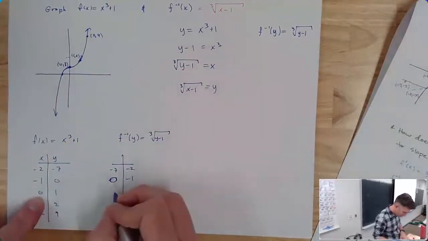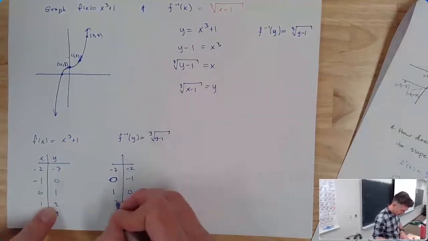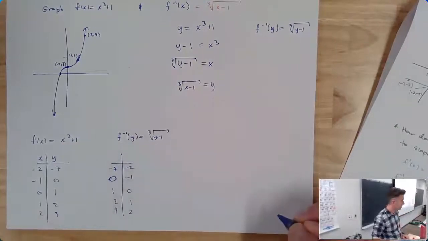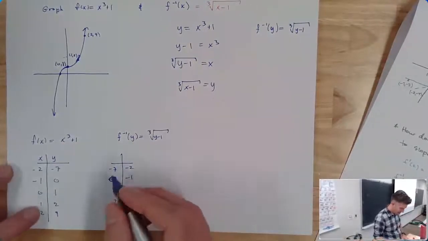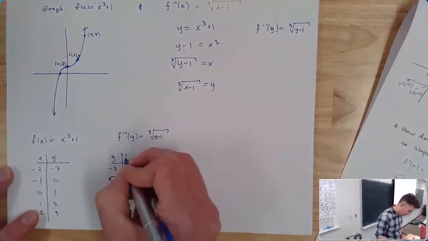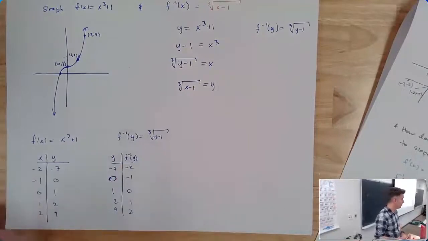If you plug in 1 for your input, you get 0 for your output. If you plug in 2, you get 1. If you plug in 9, you get 2. And you could write this as y, f inverse of y, if you wanted to, although I don't love it. I'm not a huge fan, but it's totally fine.